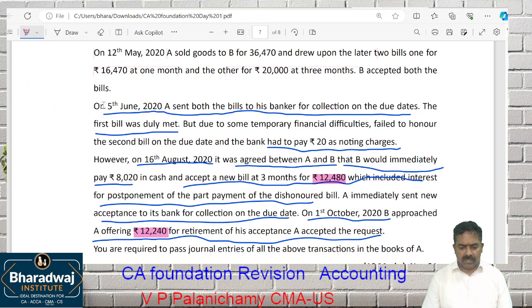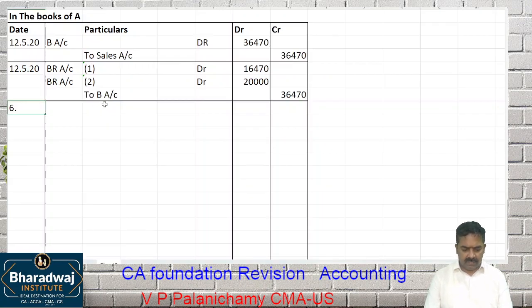Then when do we send the bill for collection? 5/6/2020. What is the entry for sending the bill for collection? Both the bills are sent.